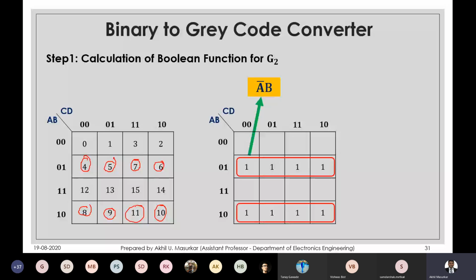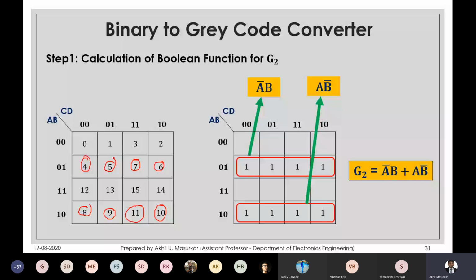So the answer is G2 is equal to A bar B plus A B bar. Okay, good. So let's go to the next one.